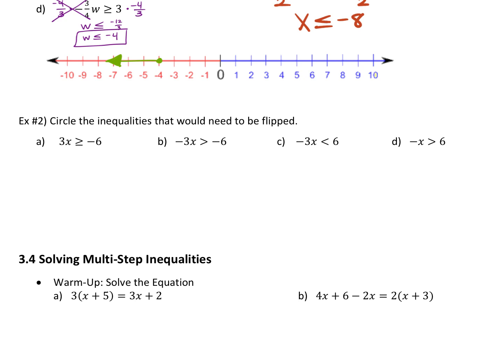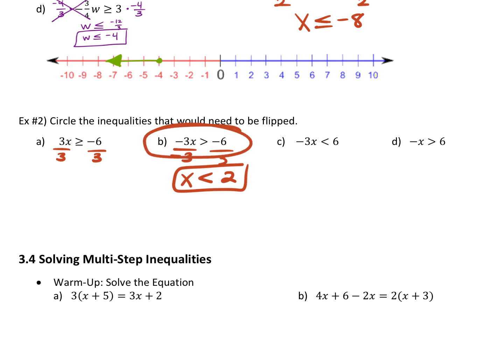All right, are you going to flip on letter A? No, you're dividing by a 3, right? Both sides are being divided by a positive number. Are you going to flip on B? Yes, you're dividing by a -3, so x is less than a +2. So this would be yes, flip it. How about C?